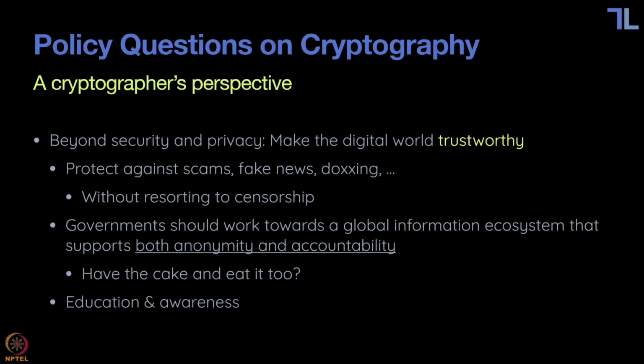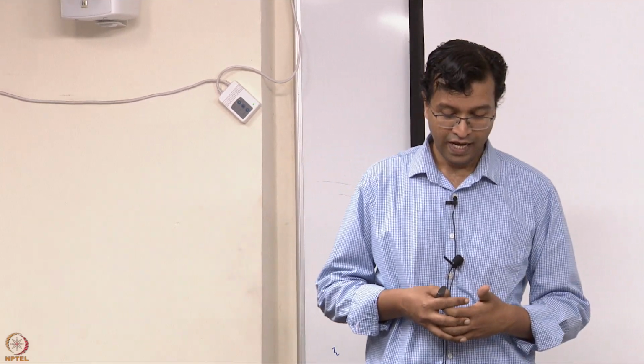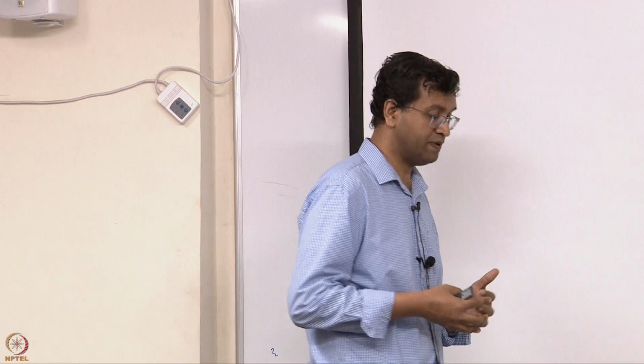Okay, so the last little bit here is saying, it's not just about security. There's also a lot of things about trust that's beyond cryptographic security, right? Things like phishing attacks or fake news, all these WhatsApp forwards, which have a social element to them, and somehow we need to help protect people against that, but not by resorting to censorship.